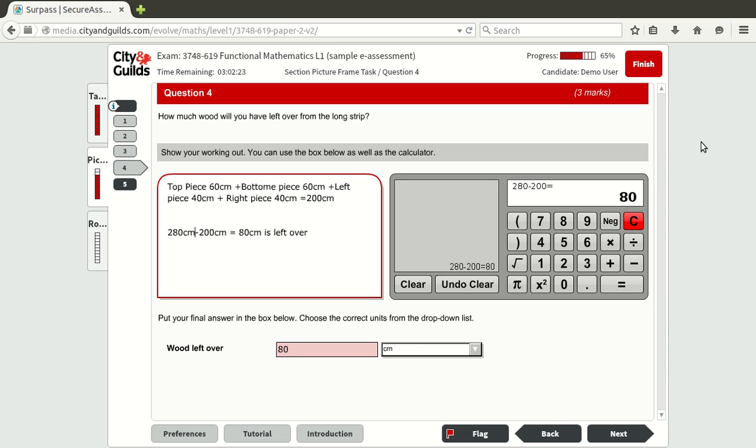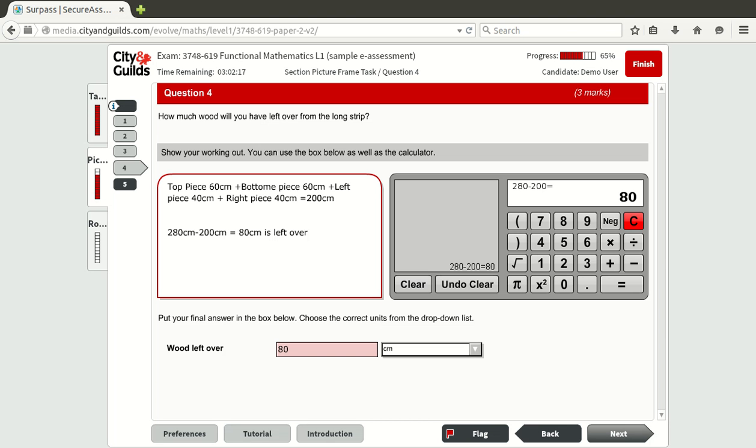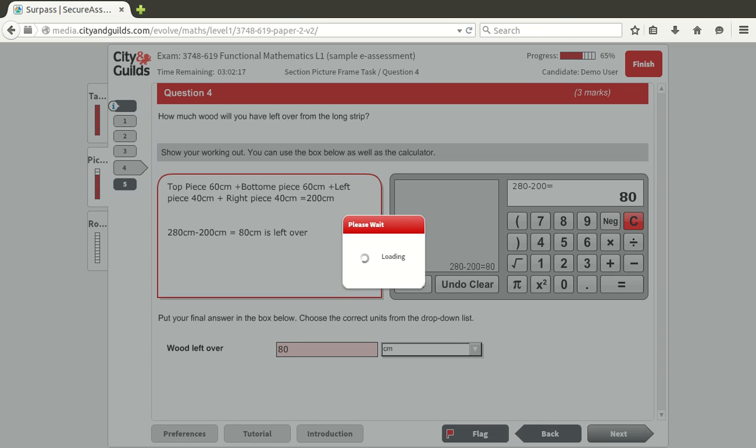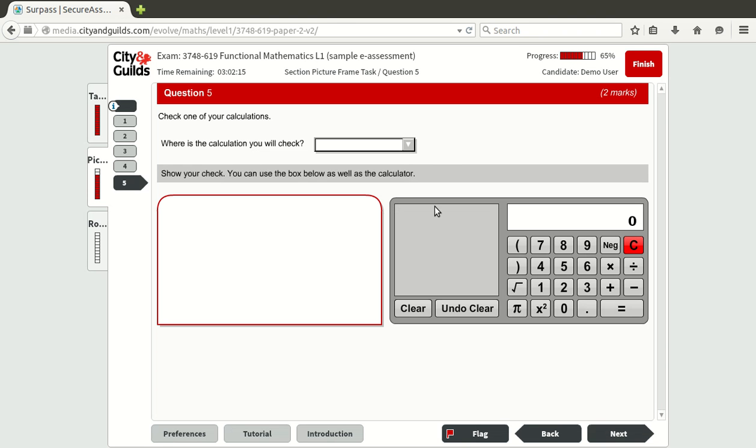So then we can move on. That's finished. I'm going to my next question. Now for this part we have to check our answers. We need to check one of our answers, and I think I'm going to check question 4.